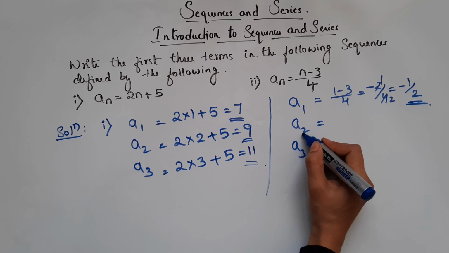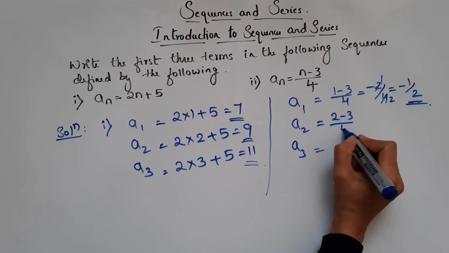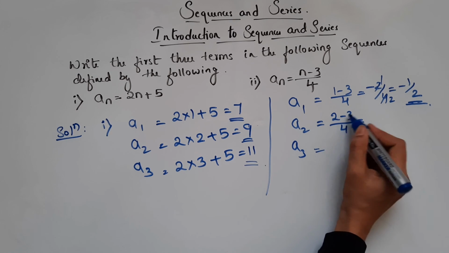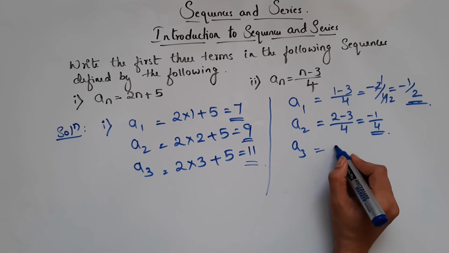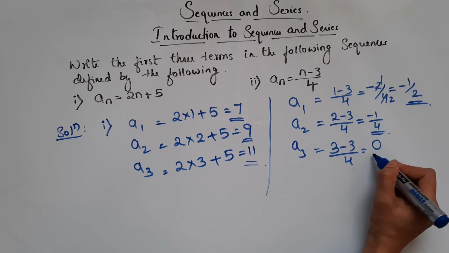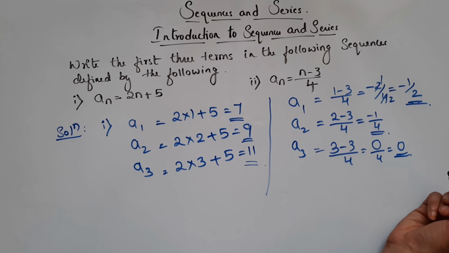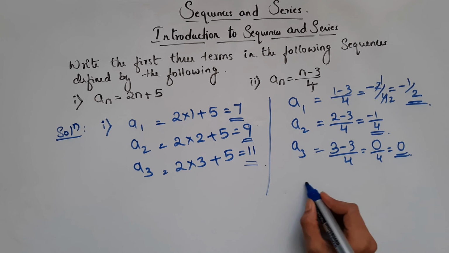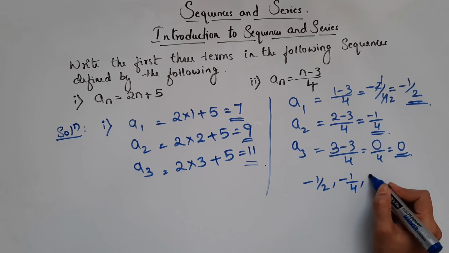What is a2? 2 minus 3 by 4, which will give you 2 minus 3 is minus 1 by 4. Similarly, what is a3? a3 is nothing but 3 minus 3 by 4. 3 minus 3 is 0, and 0 by something is 0. So the first three terms are minus half, minus 1 by 4, 0.